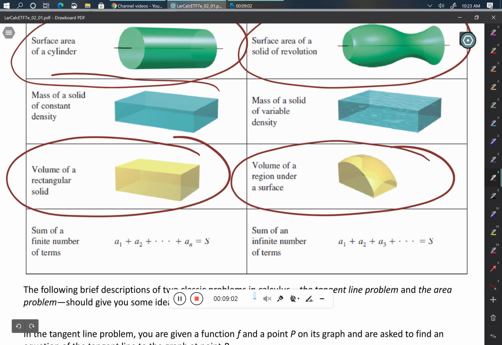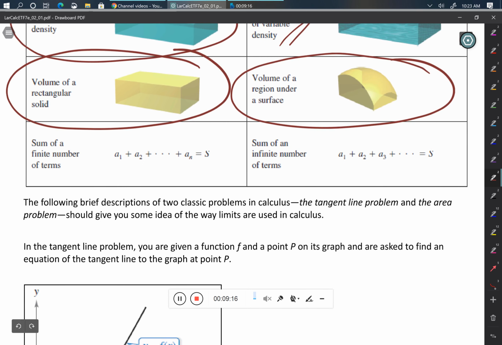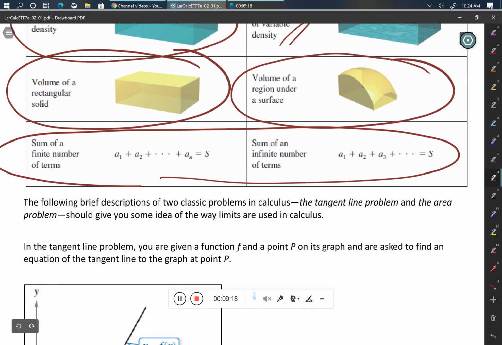Instead of finding the mass of a solid of constant density, what if the density is variable? What if the density changes throughout the material? How do you find the mass of it then? How can you predict that mass? And then when you get deeper into this, you can talk about finite series and infinite series, which have applications in a wide variety of fields.